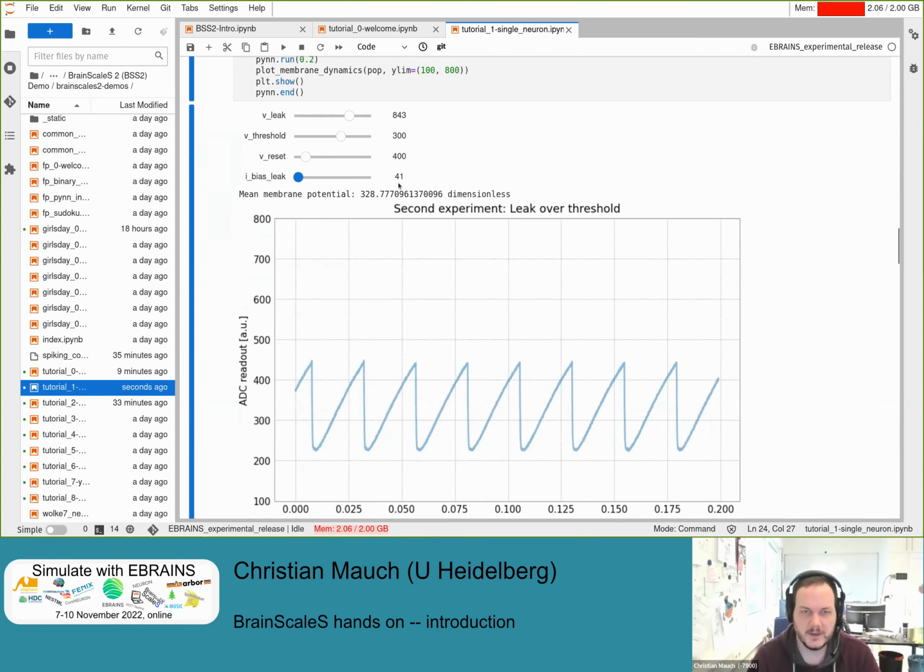So this shows that this is not a software simulation where you always start at a specific point in time and calculate the membrane potential. It is a real physical system running here all the time, and we only look at a small snippet in time of this thing that is running continuously.